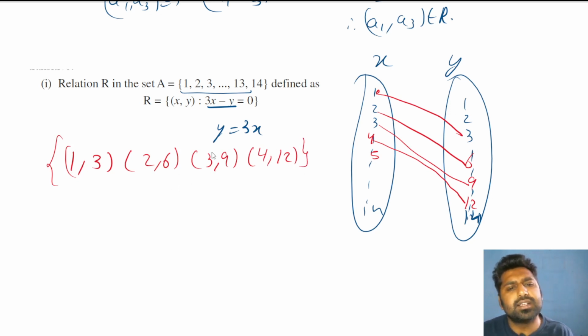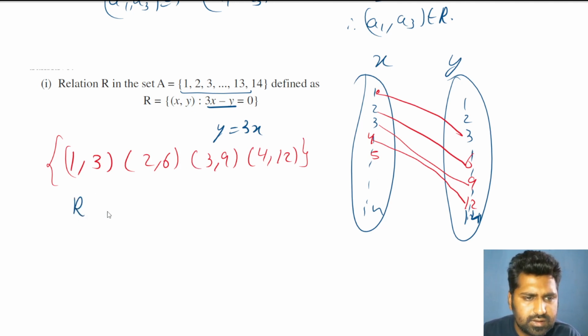And now tell me whether it is reflexive or not. Is it reflexive? Is it transitive? This is what you have to judge. First one, clearly not reflexive, because 1 1, 2 2, 3 3 are not present. A comma a should be present, so 1 1, 2 2, 3 3, 4 4 all should be present.